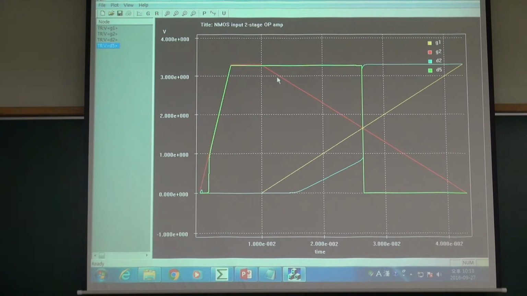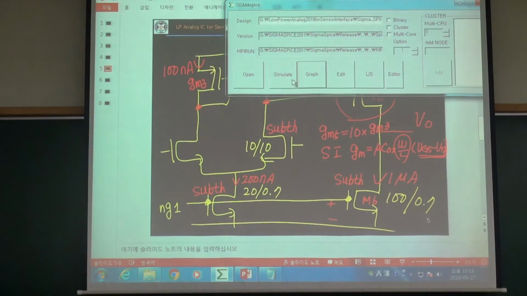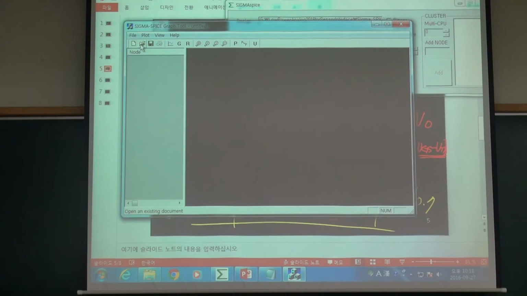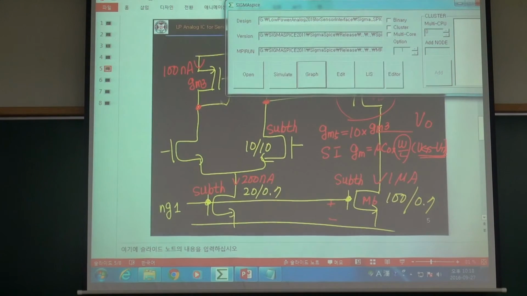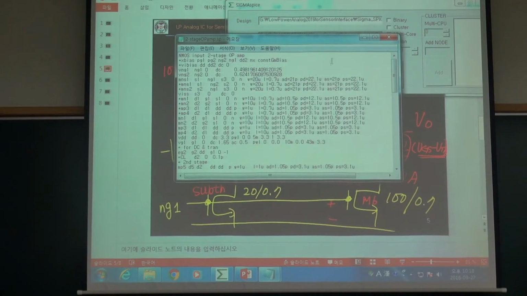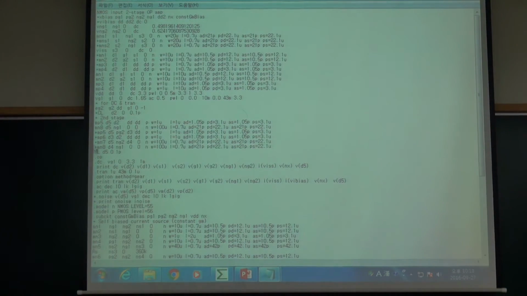Let's look at the frequency response. That's the transient. Where is my AC? Did I do the AC analysis? AC is AC 0.5, and this is AC minus 0.5, so it is a differential input.